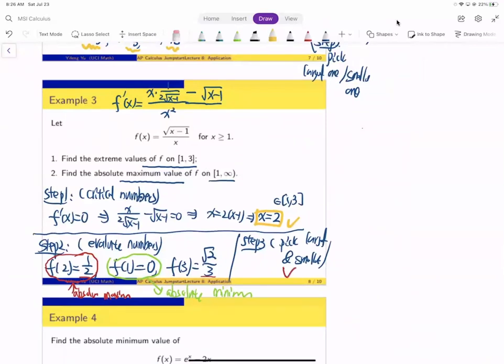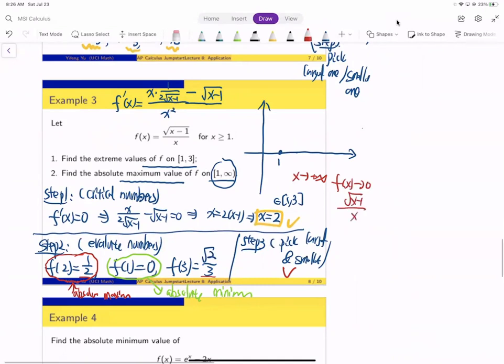If you want to find the value on the interval from 1 to infinity, so this is 1, and if it's 1, we know f is 0. Looking at the graph of the function, when x goes to infinity, f(x) obviously goes to 0, because the numerator is a square root and the denominator is x.